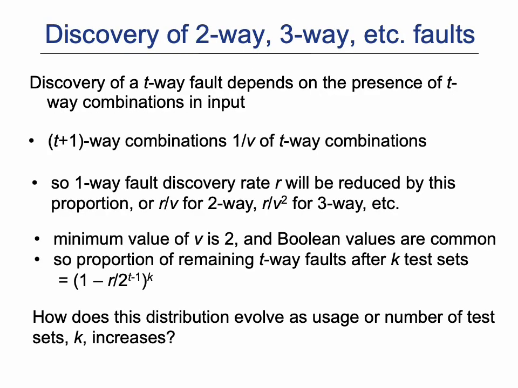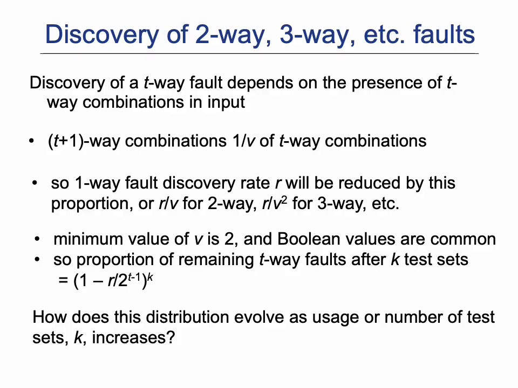Discovering a particular T-way fault, of course, requires that the combinations in the input exercise or trigger that fault. So a particular T-way combination that triggers a fault must be present in the input. So T plus one-way combinations, as noted, occur at a rate of 1 over v of the T-way combinations.